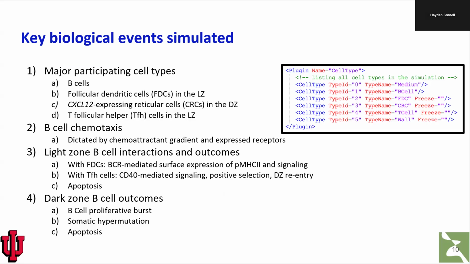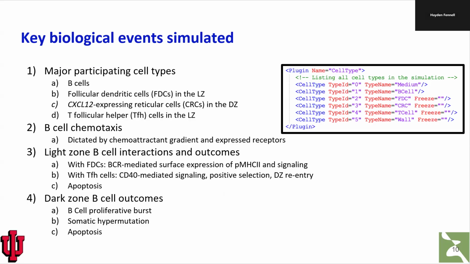And for the light zone B cell interaction and outcomes, we actually simulate the contact of B cells with DCs, and as a result of that interaction, we have the BCR mediated surface expression of the MHC2 complex and also the signaling induced by that complex.